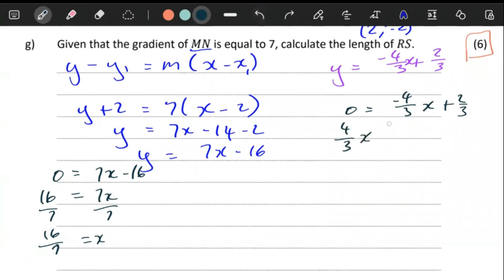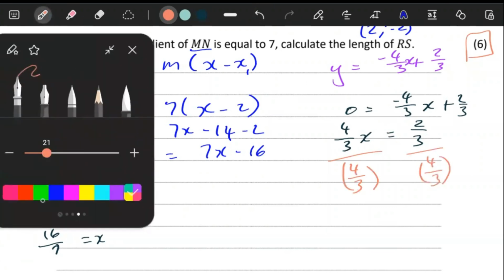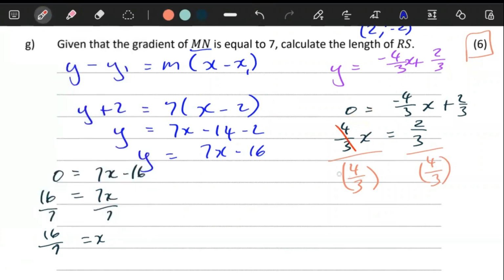And then here, 2 over 3, right? So you can divide both sides by 4 over 3. This cancels that. X is equal to this divided by that. What does that give you now? 2 over 3 divided by 4 over 3.